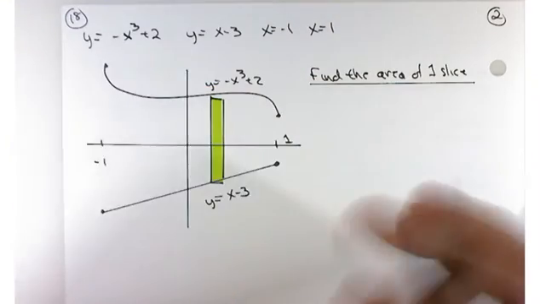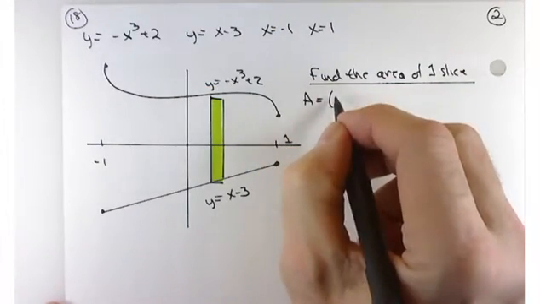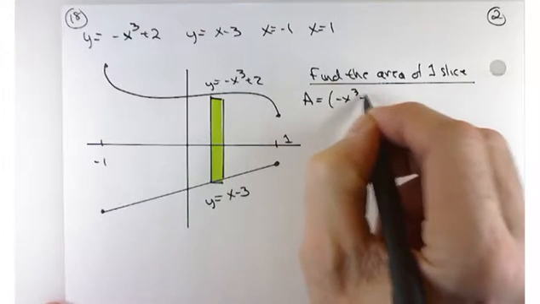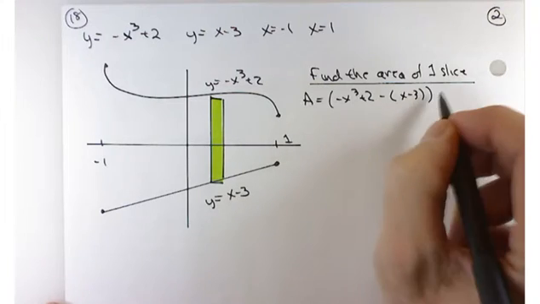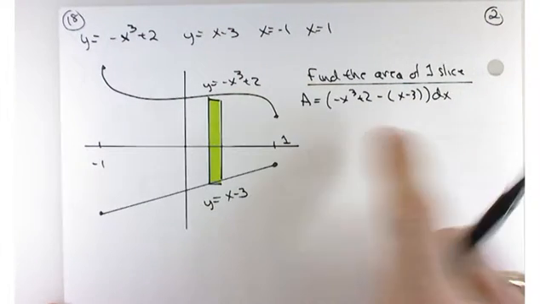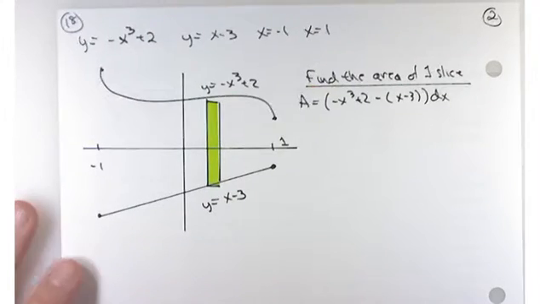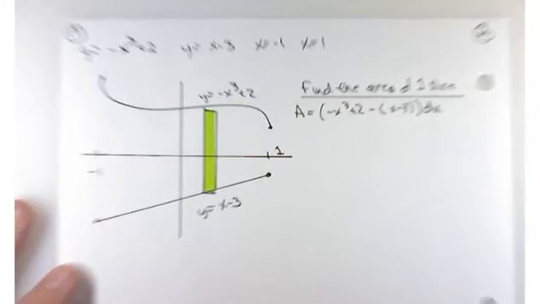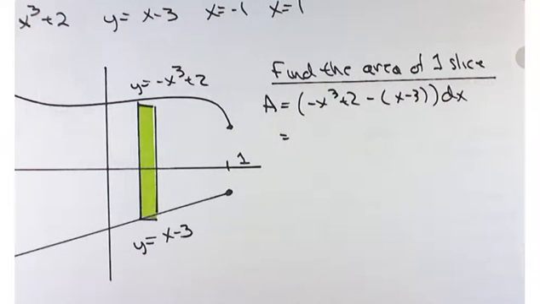So that area is going to be the top minus bottom, which is minus x cubed plus 2 minus x minus 3 times dx. Top minus bottom. There is a little bit of simplification here, and it's nice to do this before we finish setting up our integral.